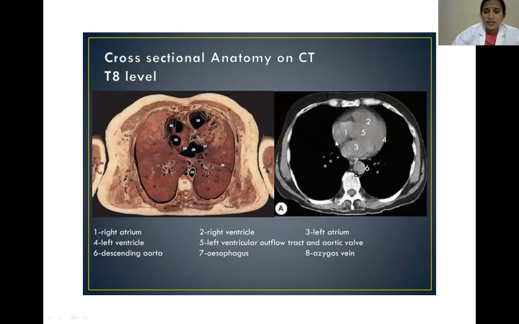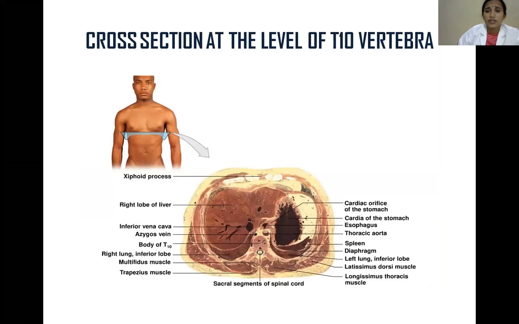And if you are interested in the gross structures of the soft tissue, we will prefer an MRI over CT, because MRI is mainly meant for soft tissue. The soft tissue is better visualized in an MRI. So that is about the section at the level of T8 vertebra.